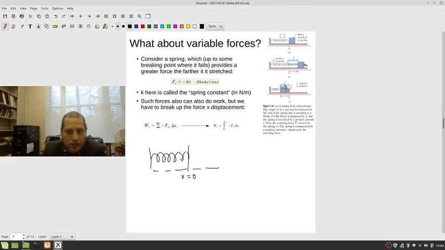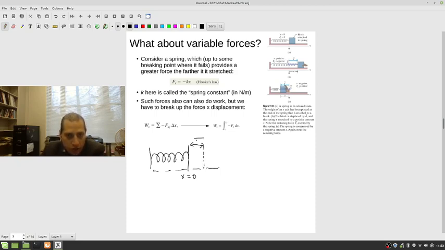And so at x equals 0, the spring is totally unexcited. Nothing is happening, and it's not providing any force at all. On the other hand, let's say that you stretch the spring in this direction, in the positive, so that it's stretched out to a positive x.